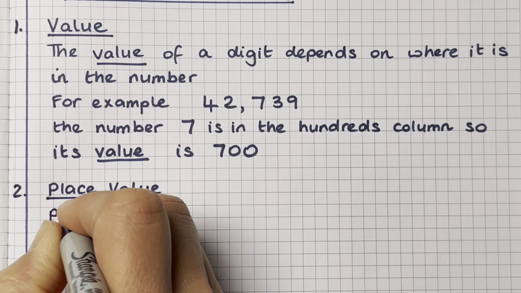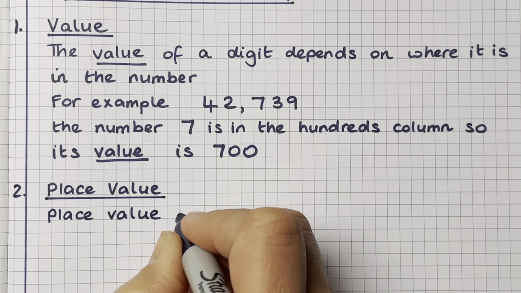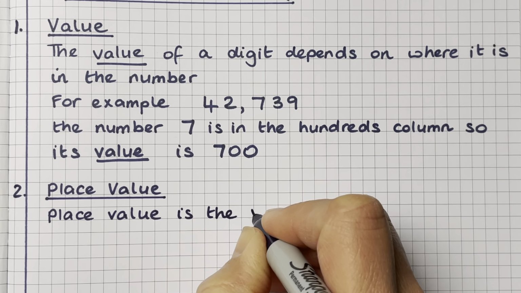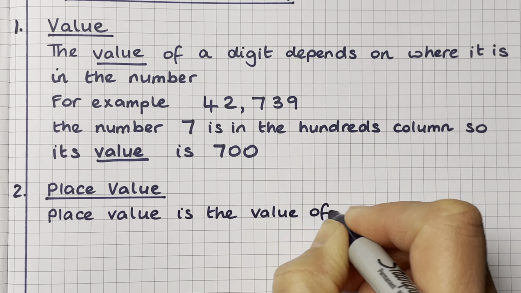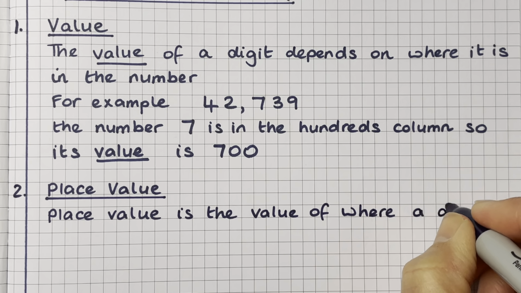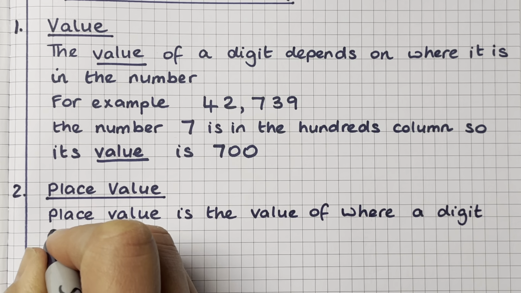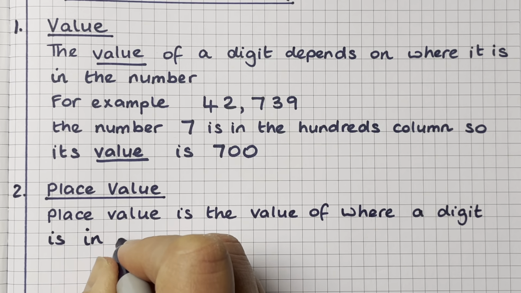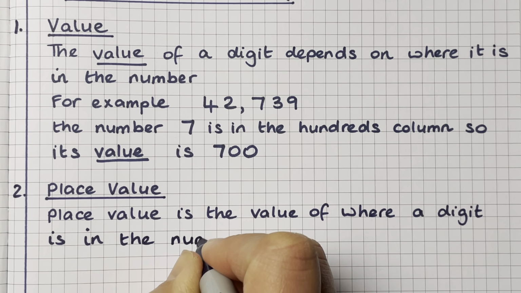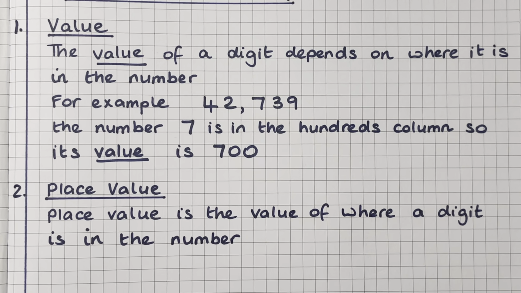So place value is the value of where a digit is in the number. Let's read that again. Place value is the value of where a digit is in the number.